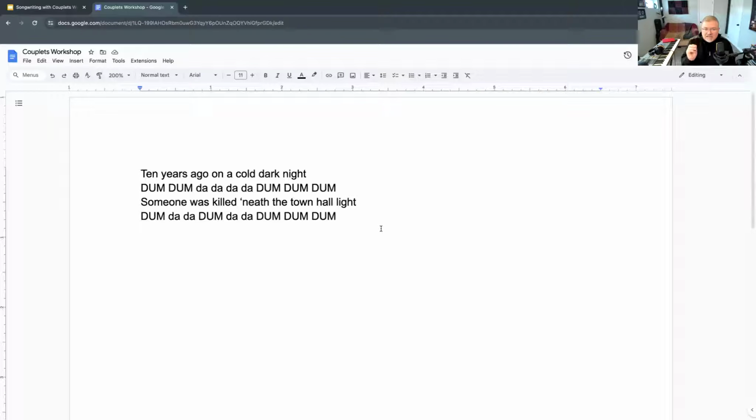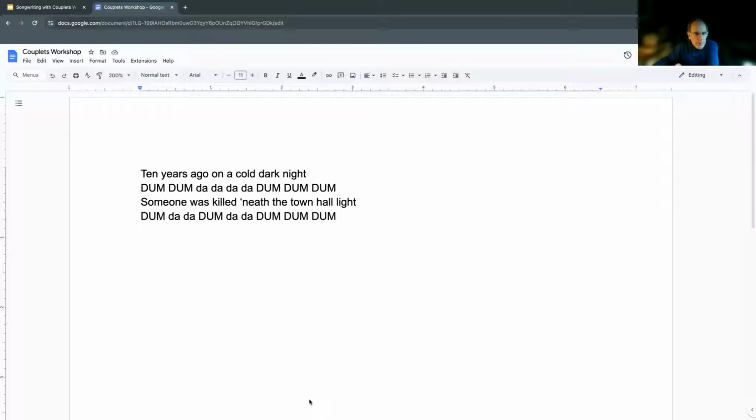Like 10 years ago on a cold dark night, someone was killed beneath the town hall light. That resolves itself in an imperfect way, because we don't have complete resolution, but we have resolution. So the idea here is, do we keep that or do we not keep it? Right? Wally, you had your hand raised.